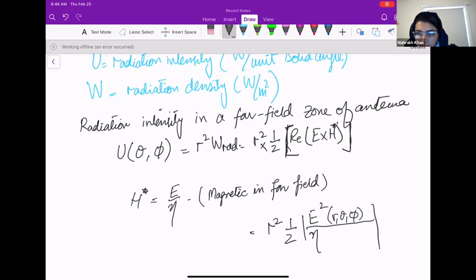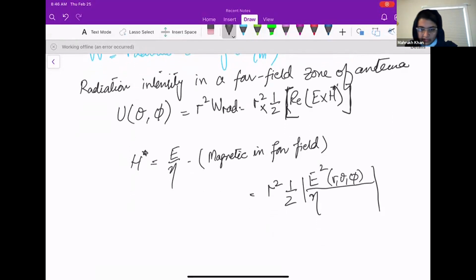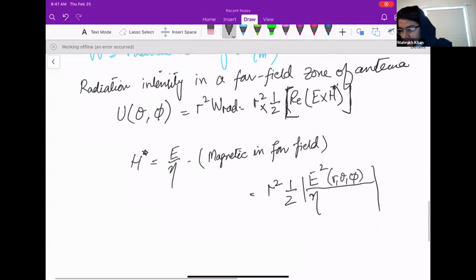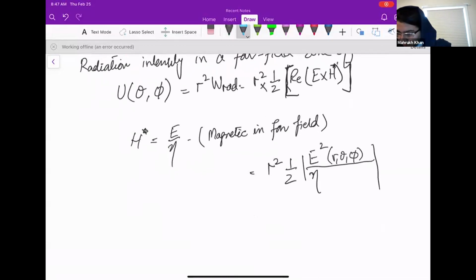What was in the denominator? Eta. It's a Greek letter, but I will tell you what it is, okay? But I'm just writing that this is the expression that you will have for radiation intensity. I will tell you what all this is about.